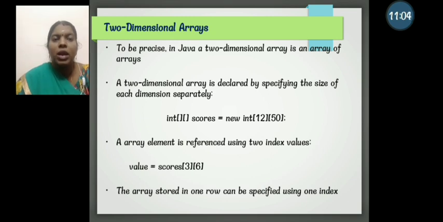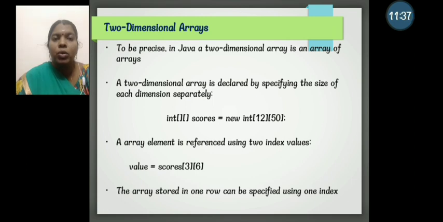A two-dimensional array is declared by specifying the size of each dimension separately, and in a two-dimensional array we need two square brackets, like this: int[][] scores = new int[12][50], where scores is the array name, int is the data type, and new is an operator that allocates memory.